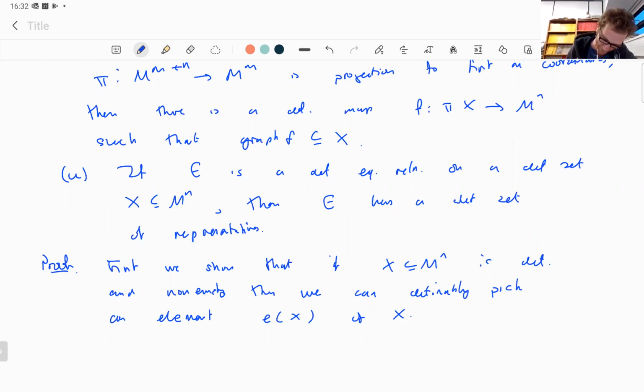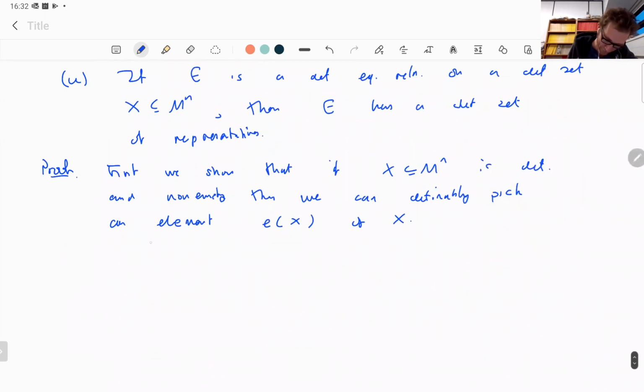So I'll write that down. Let's do the case n equals 1. If X has a least element, let e of X be that.